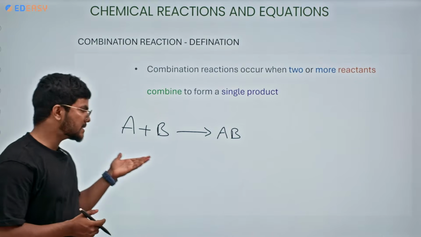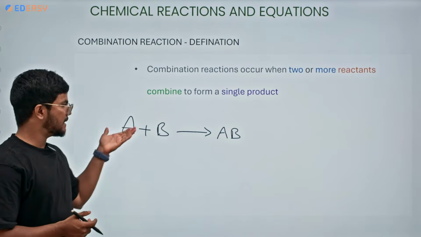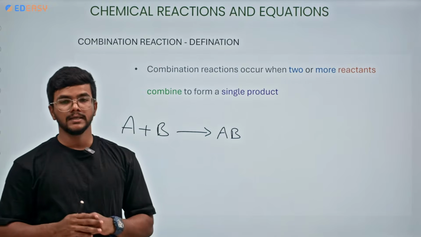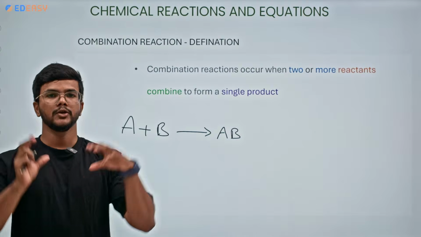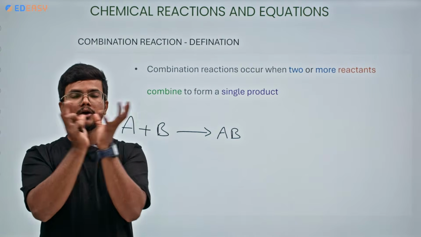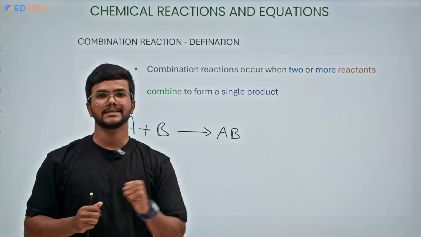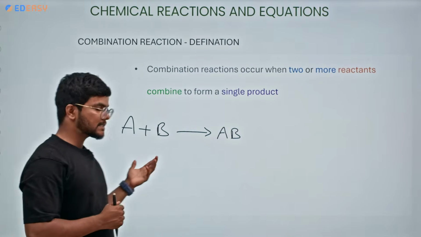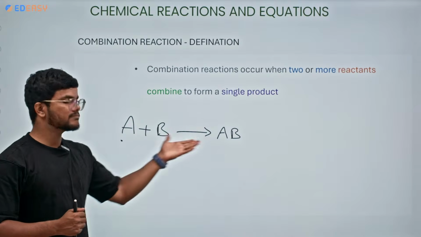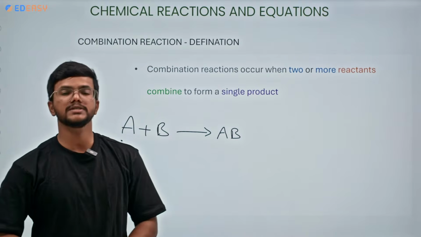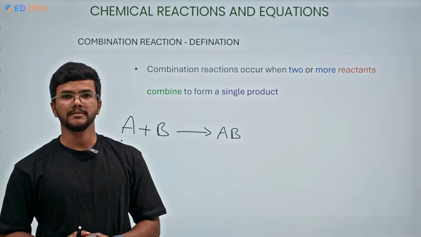Let me repeat once again: two reactants combine together to give one product is a combination reaction. The general representation is A plus B gives AB. So this is the combination reaction.